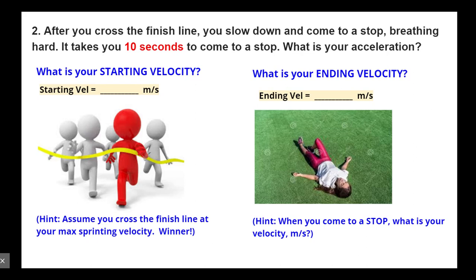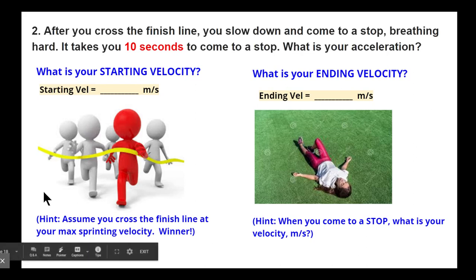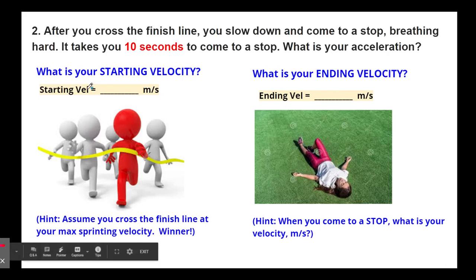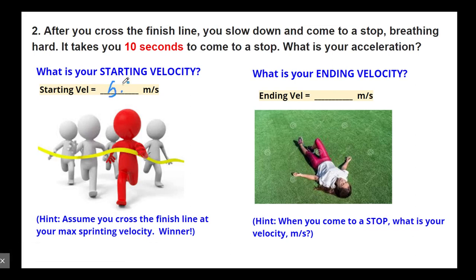So our starting velocity is the velocity or speed we have when we cross the finish line. We cross the finish line at our max sprinting speed. Our starting velocity is 5.4 meters per second.